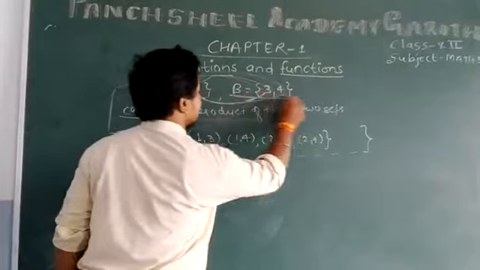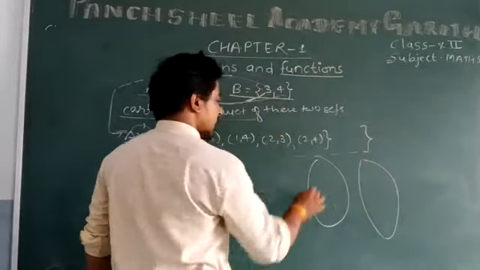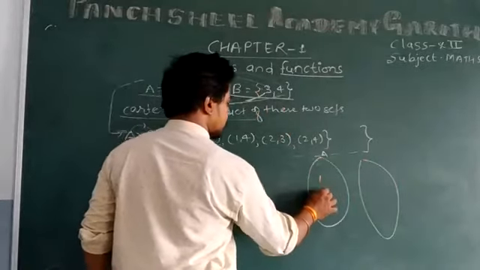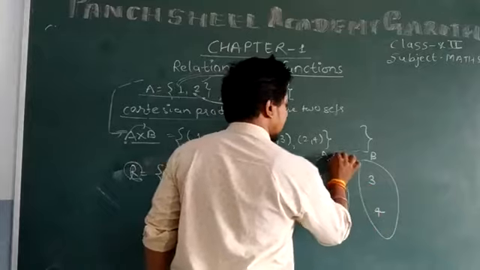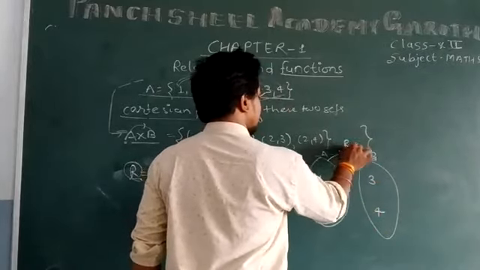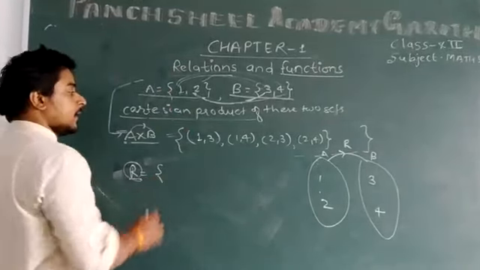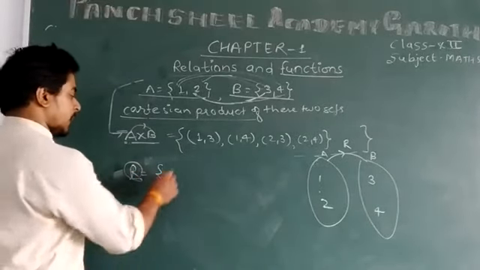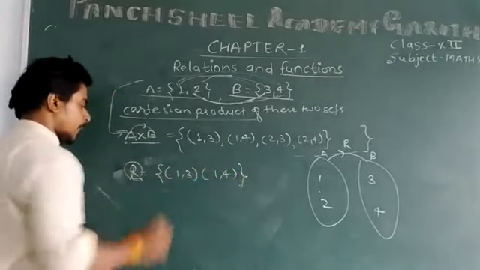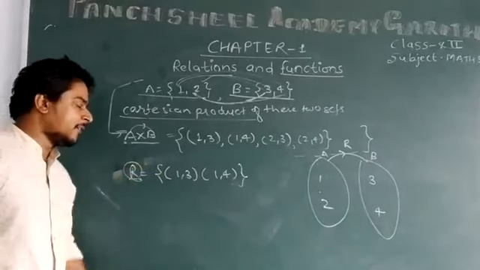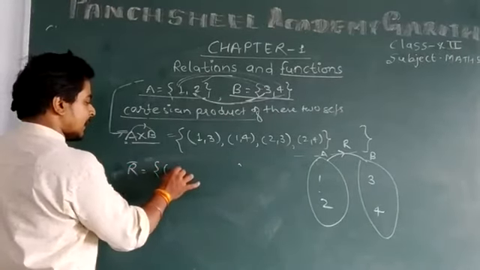Thus, we have taken the example on these two sets. A contains the two elements 1, 2, B contains the other elements, and from A to B, suppose that is relation R. If this relation R contains the ordered pairs (1, 3) and (1, 4), how does it contain them?